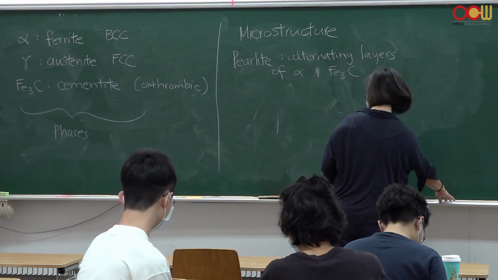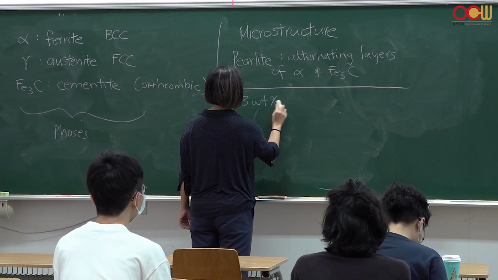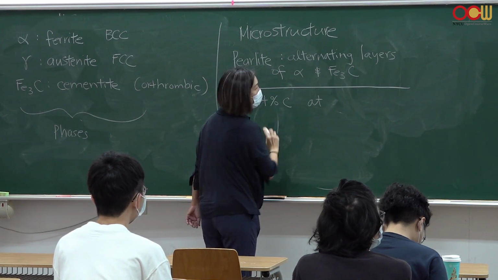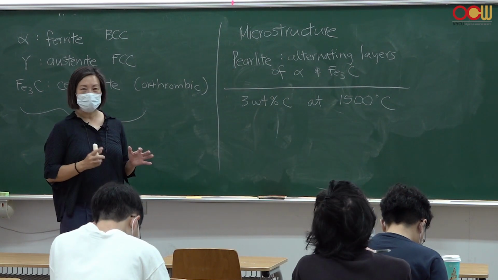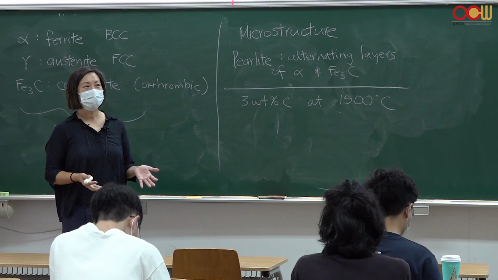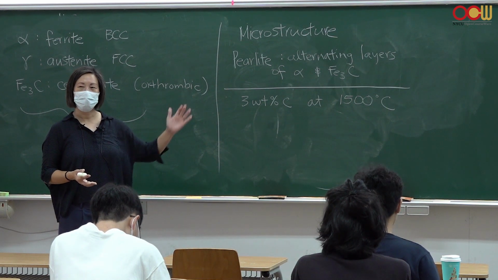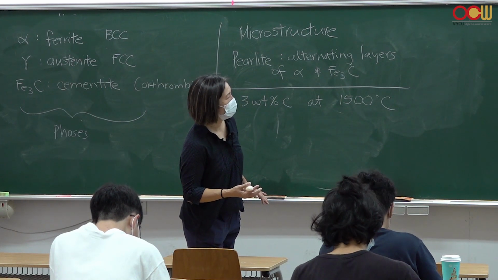So let's say I have 3 weight percent carbon at 1500. Go ahead on your own, in your notes, and draw the different microstructures as you lower the temperature to 600.